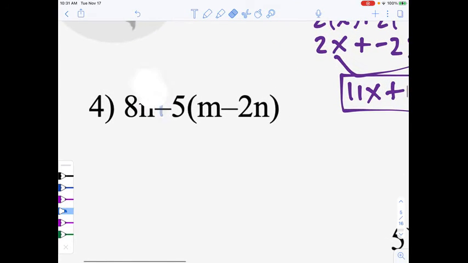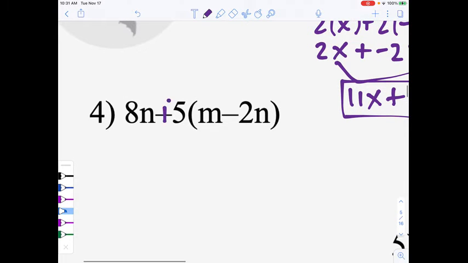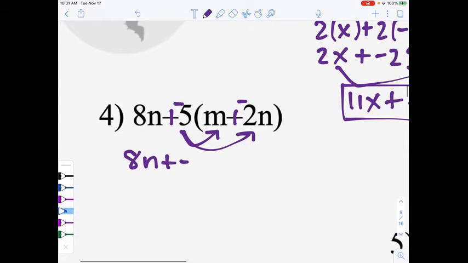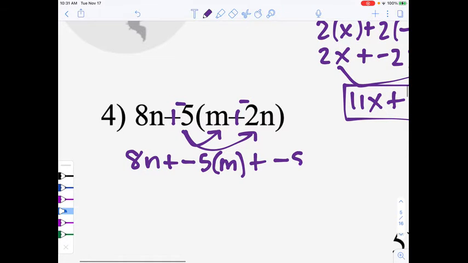All right, another one. 8n minus 5 times m minus 2n. So again, first thing I'm going to want to do is add up wherever I say minus. And now, before I can do anything with that 8n, I have to distribute this negative 5. So this turns into 8n plus negative 5 times m plus negative 5 times negative 2n.